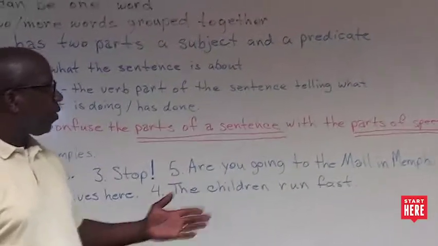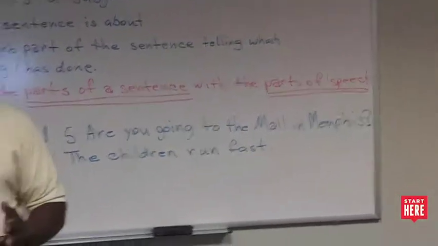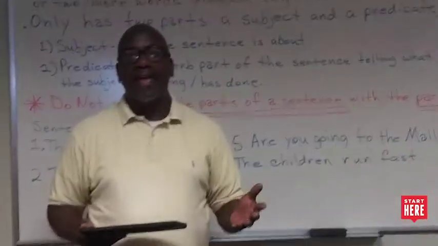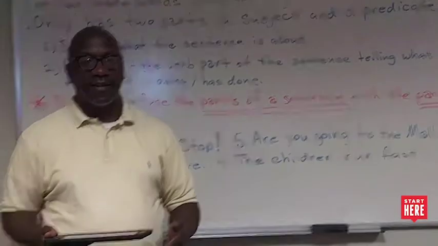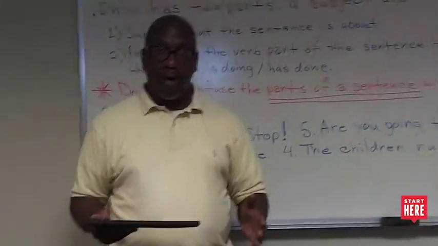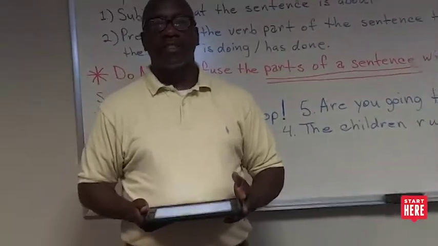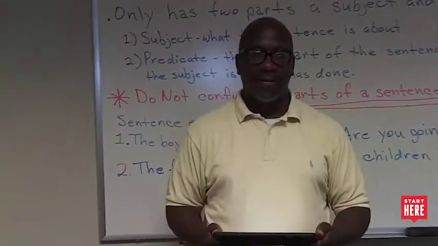In English, we basically have 8 parts of speech. In some instances there are 9 or 10, but just for our purposes right now, we're going to discuss the 8 parts of speech next week.